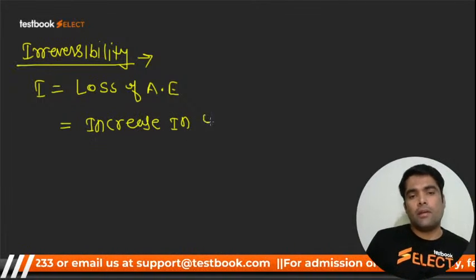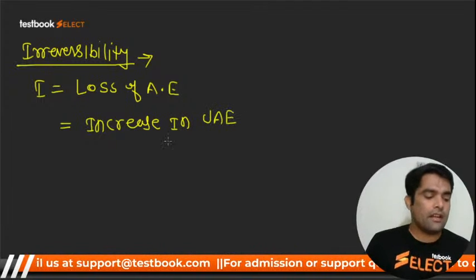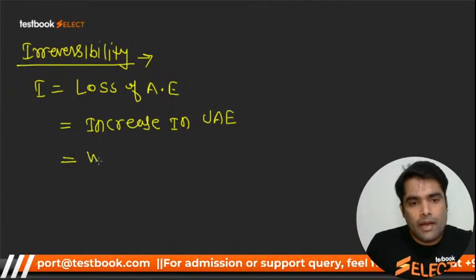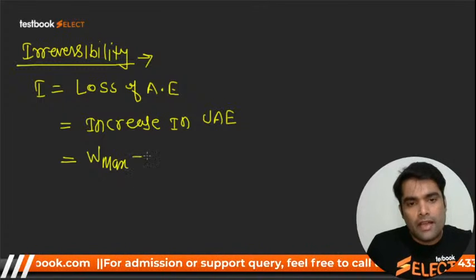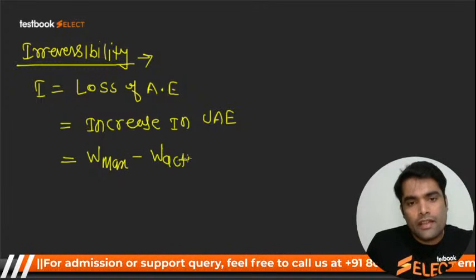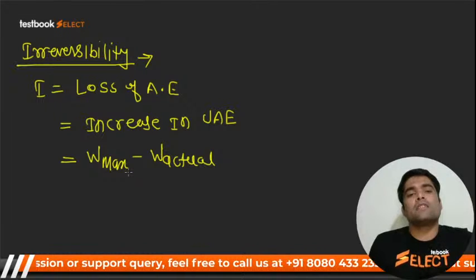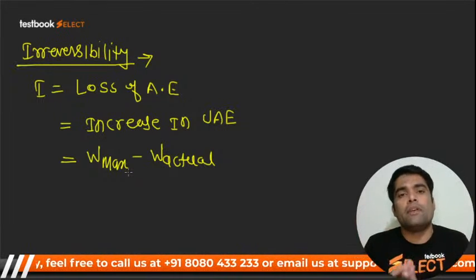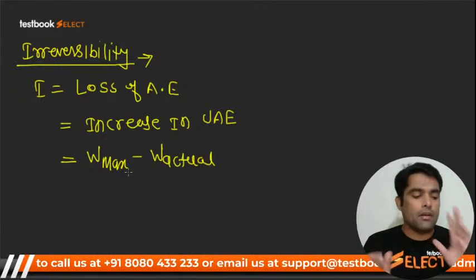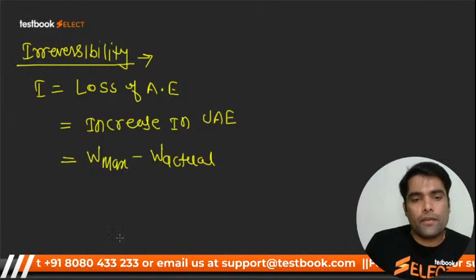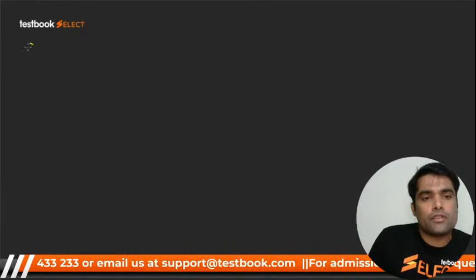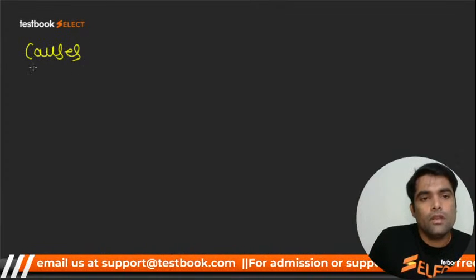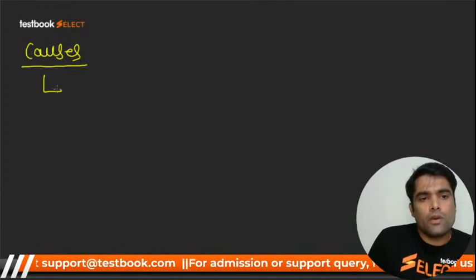It is also represented by W max minus W actual, that is, how much maximum work has been produced and how much you actually get. The difference between them is irreversibility. Remember. So what are the causes of it? We are going to discuss the causes one by one.